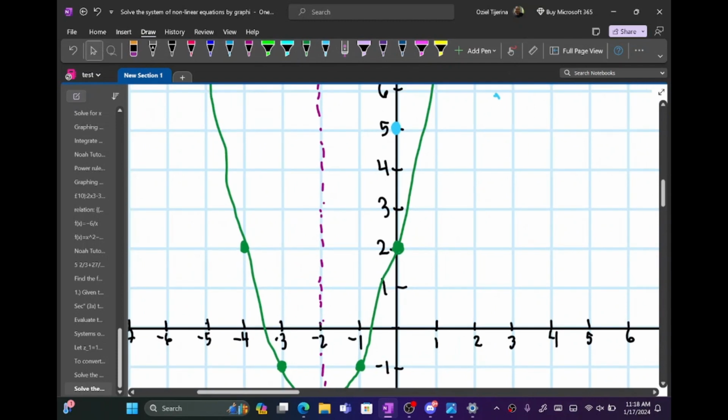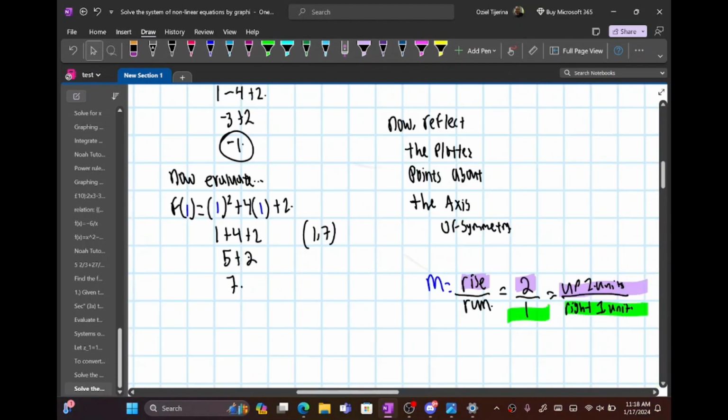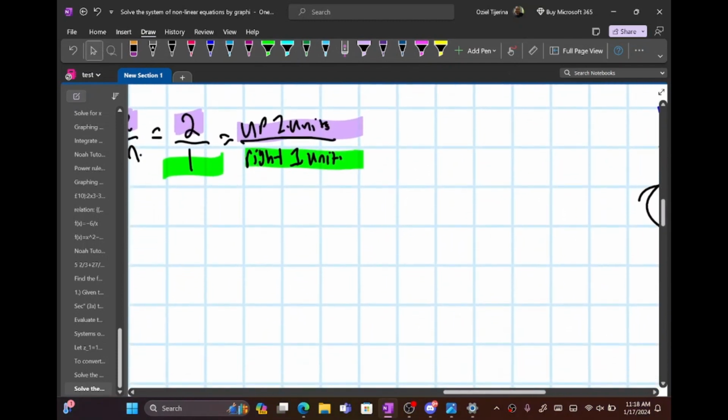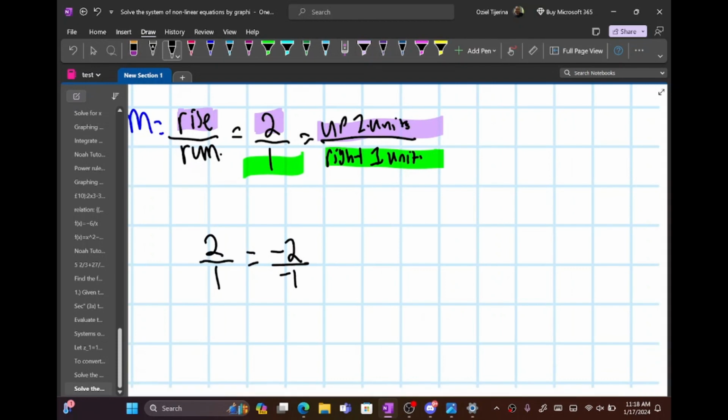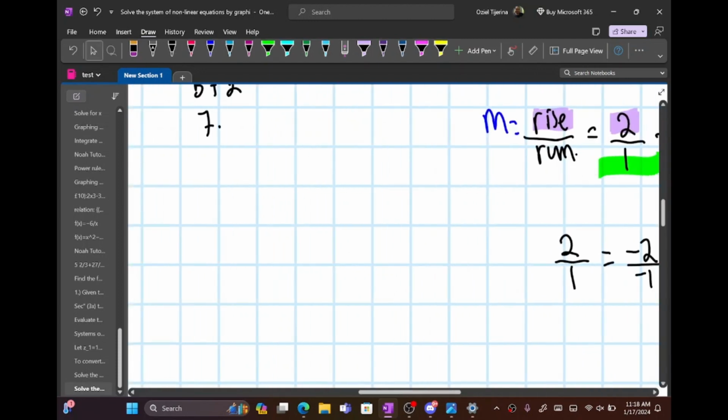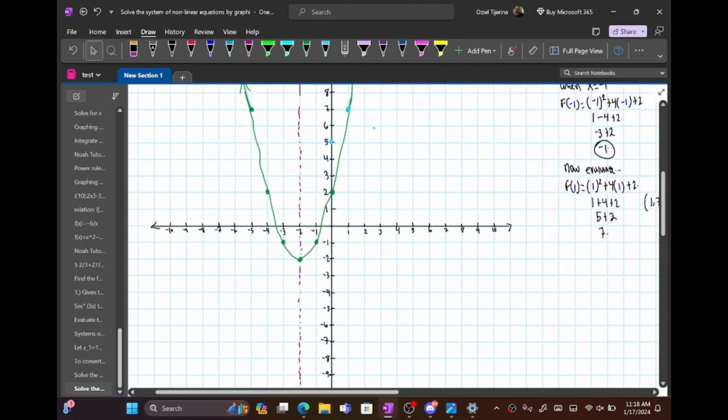And now remember that 2 over 1 also means negative 2 over negative 1. There's a reason for that, and that is because I'm going to do the opposite. Instead, now I'm going to go down 2 and to the left 1 unit, because you need to do it on the other side.